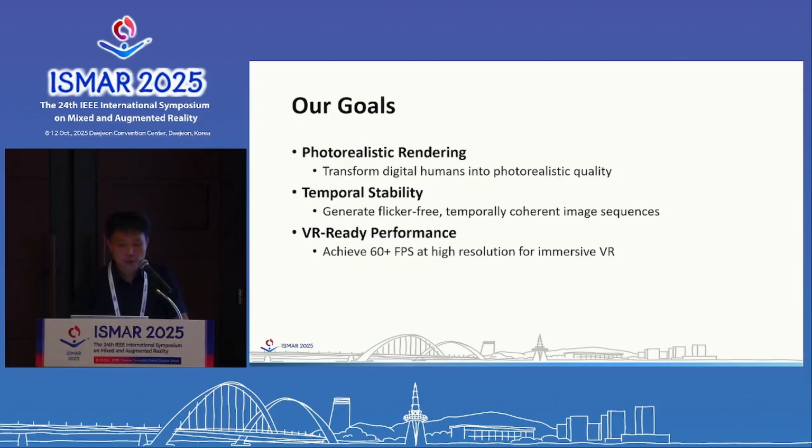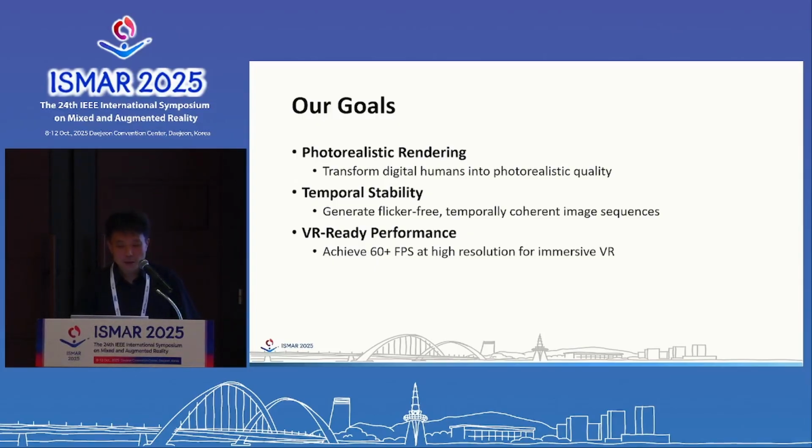Given this situation, our objectives were to achieve three ambitious goals simultaneously. First, transform these production-level digital humans into photorealistic quality. Second, maintain temporal consistency across image sequences. While recent AI advances like diffusion models can generate amazing individual frames, producing flicker-free, temporally coherent videos remains a significant challenge.